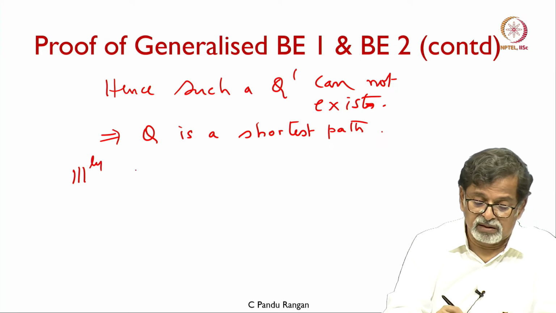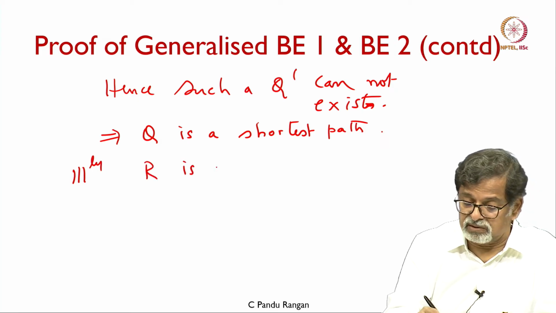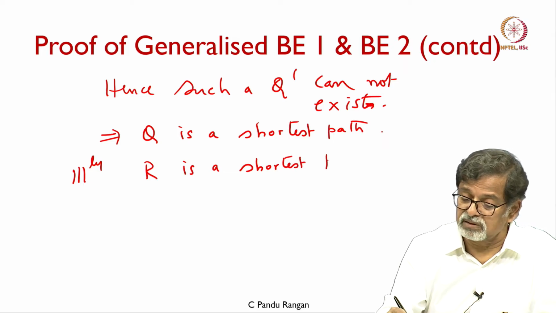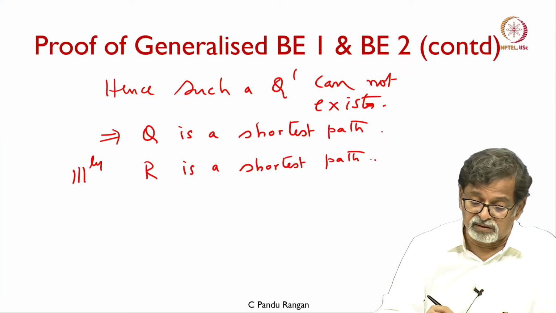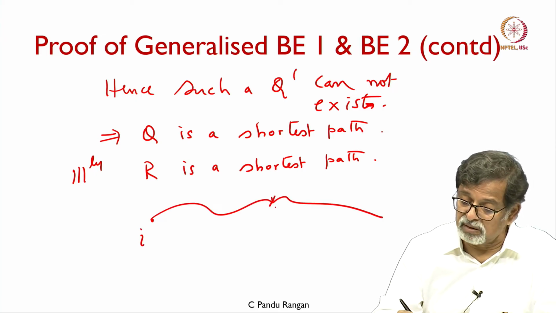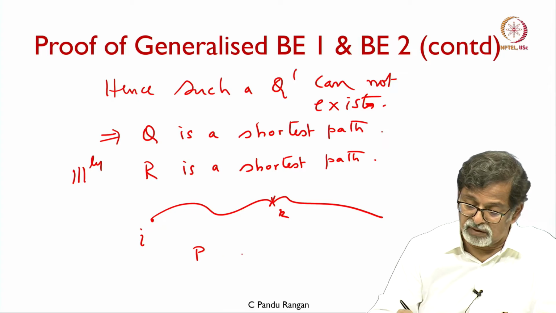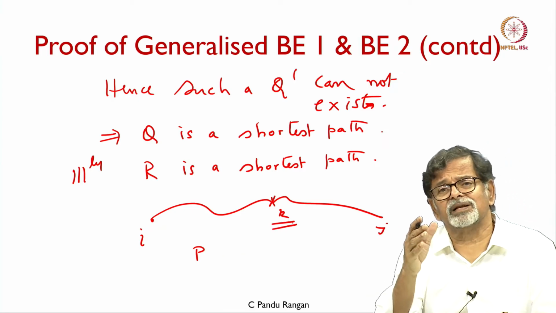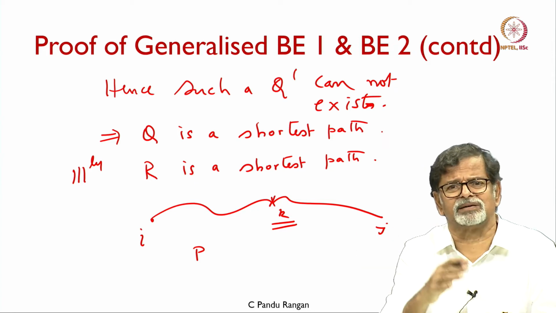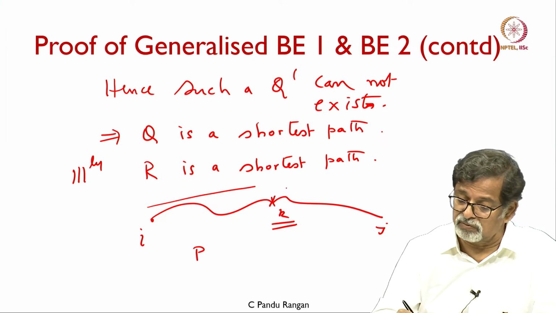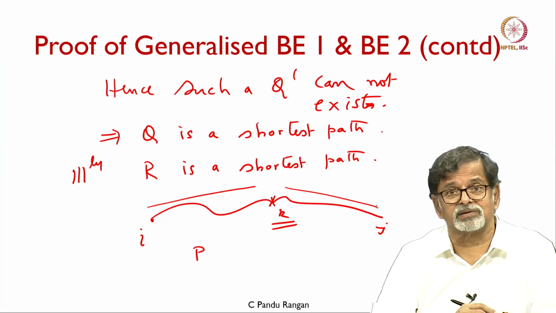Similarly, R is a shortest path. Therefore, if you take a path P from I to J and split the shortest path at any intermediate point, these portions will be shortest paths.